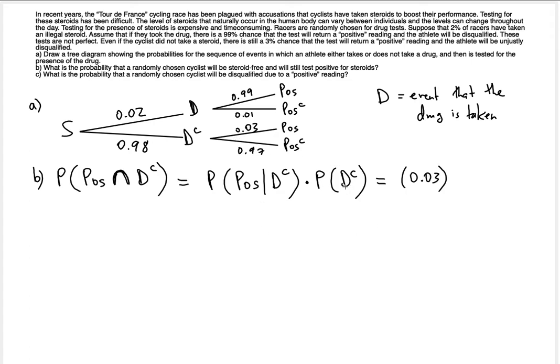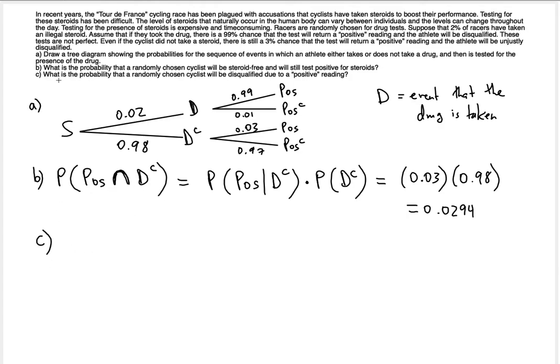And then the individual probability of not taking the drug is just this first row here, the bottom row, which is 0.98. So that should turn out to be 0.0294. This is the probability that a randomly chosen cyclist will be steroid-free and will still test positive for steroids, both together at the same time.